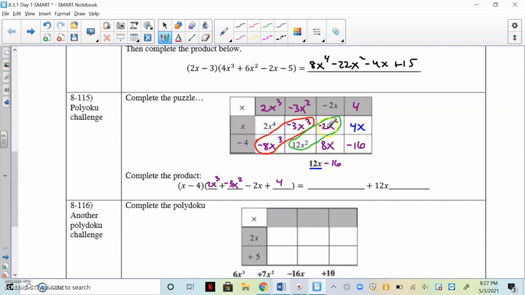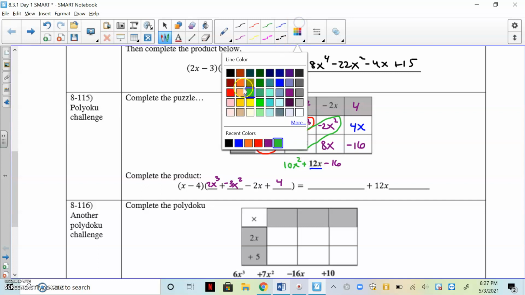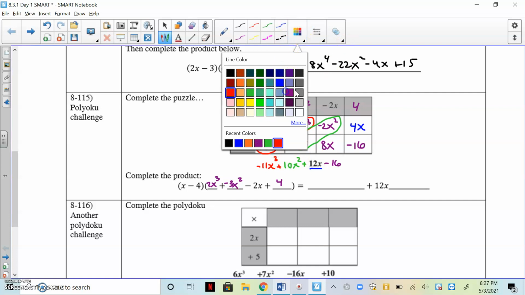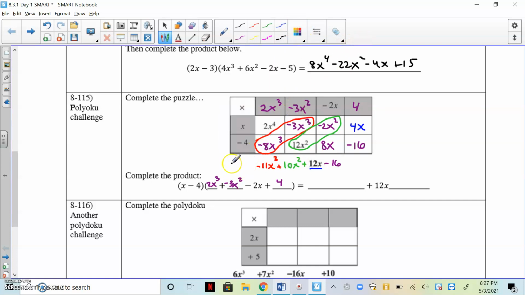So these two, 12 and negative 2, add up to make 10. So I'll put a 10x squared here. And these two, negative 8 and negative 3, x cubed, add up to make a negative 11x cubed. And then we had that 2x to the 4th in the beginning.